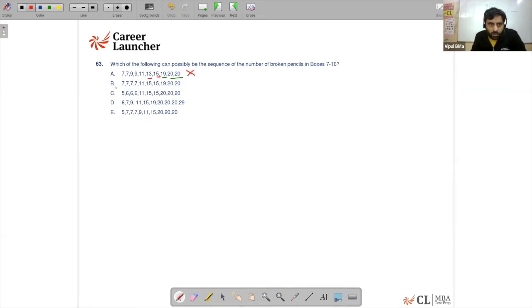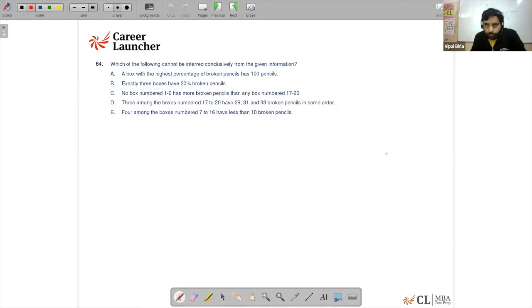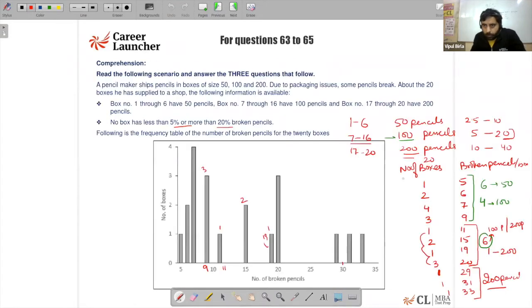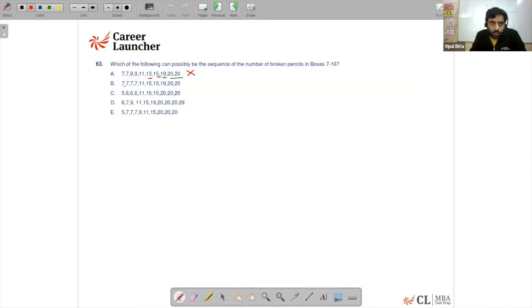Look at the second one, 7, 7, 7, 7. We know there are 4 boxes of 7, then 1 for 11, 2 for 15, 19, and 20, 20. Four boxes of 7 takes care of all the 4, and then 11, 15, 15, 19 and 2 20s.